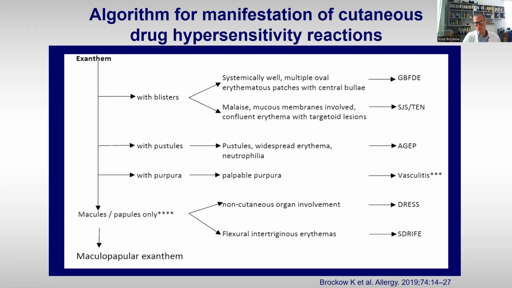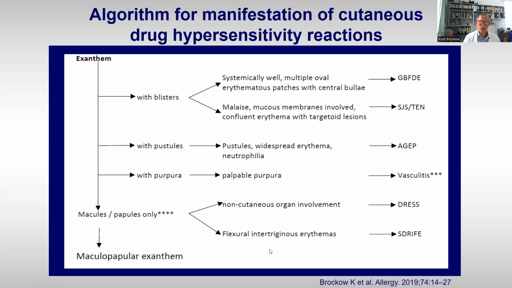For DRESS, you need some criteria: often eosinophilia, often atypical lymphocytes, an increase of liver enzymes at least twice the normal value, measured at different time points. And it is a severe reaction, often with an edematous skin reaction in the face. This has specific criteria to be fulfilled.